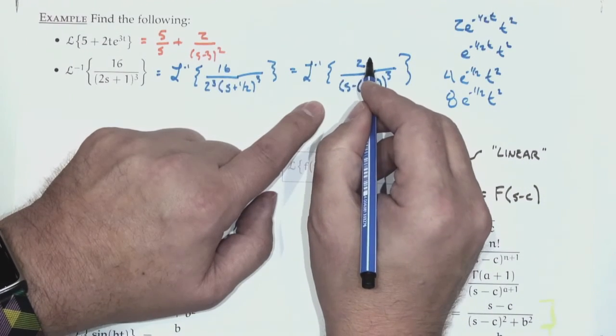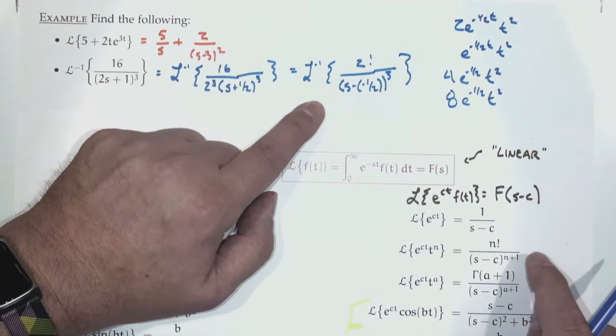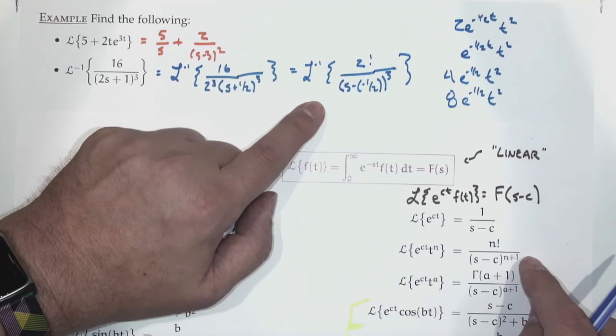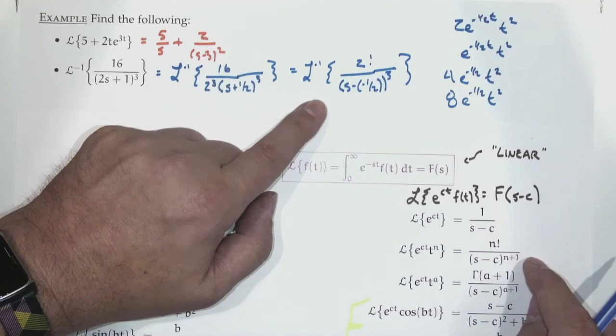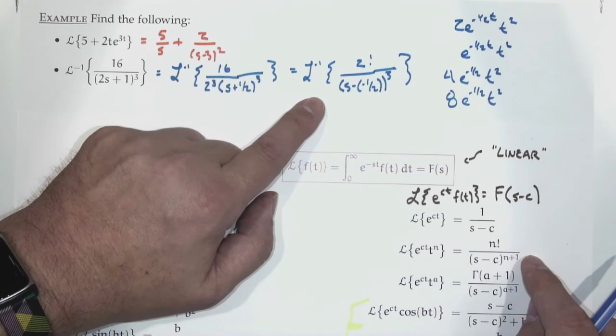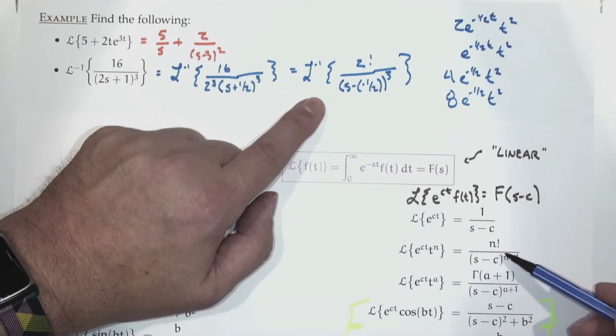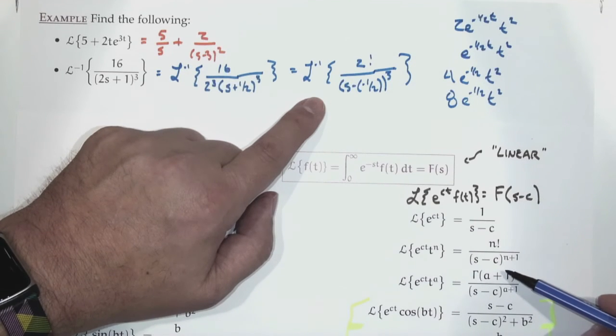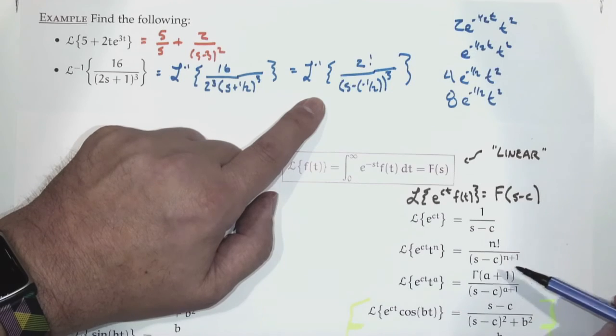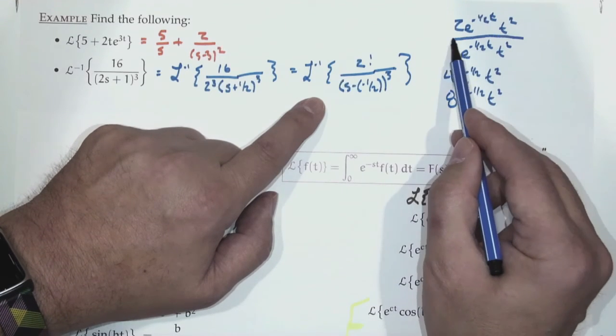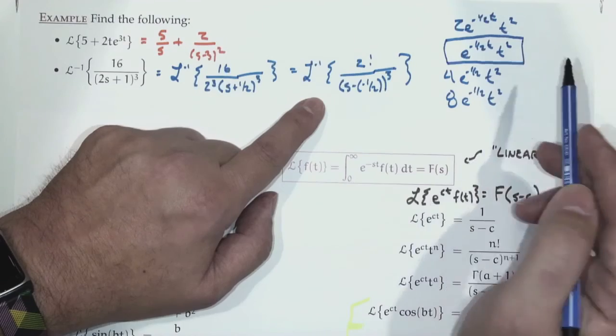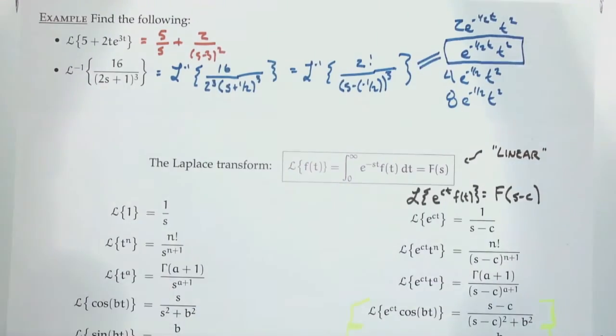Turns out that 2 and 2 factorial are the same. Do we exactly match? Yeah, for n equals 2 and c equals negative a half. So there's going to end up being no constant, and that's the right answer: e to the minus 1/2 t times t squared.